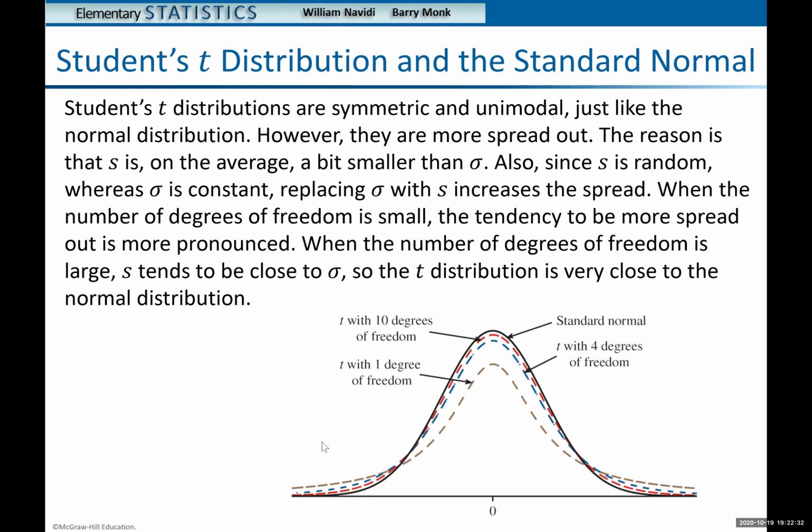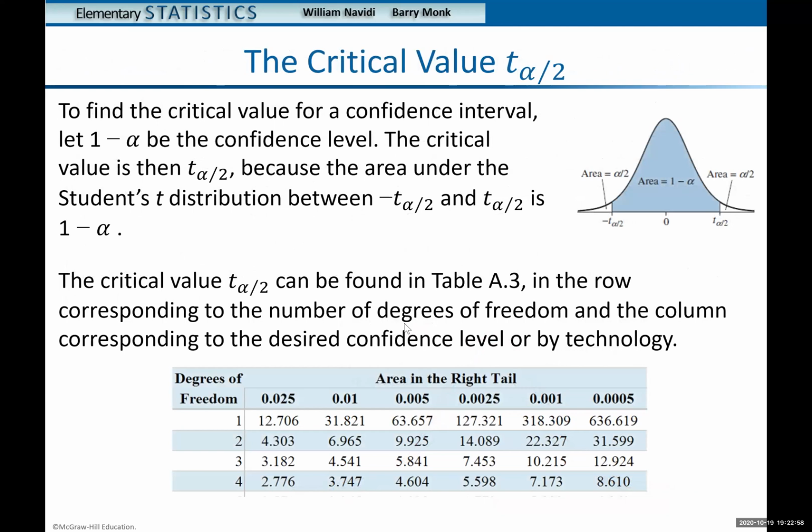And this is what happens to your normal distribution. The black one is standard normal, with t with 10 degrees of freedom, 4 degrees of freedom, and 1 degree of freedom. It's still a normal distribution. And now, how do we compute the critical values of t?